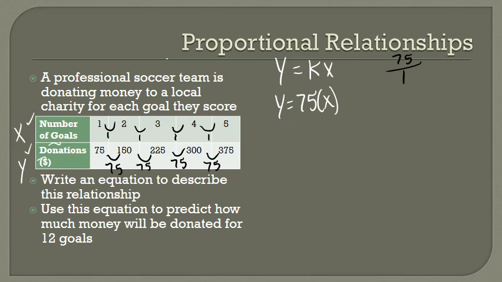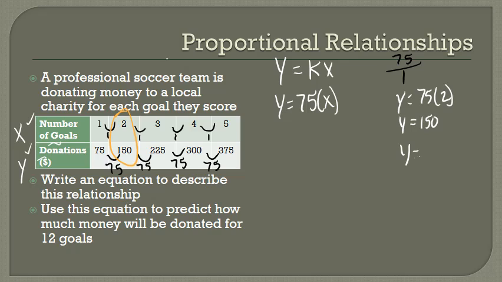Now I want to test this to see if this is actually true, and I'm going to take a couple of test points. I think I'll take 2 and 4 just to see how that goes. So I would say y equals 75x. What does y equal when x is 2 in this relationship? Well, 2 times 75 is 150. So when x is 2, y is 150. And I see that that is true right there from my table. Let's take one more test point.